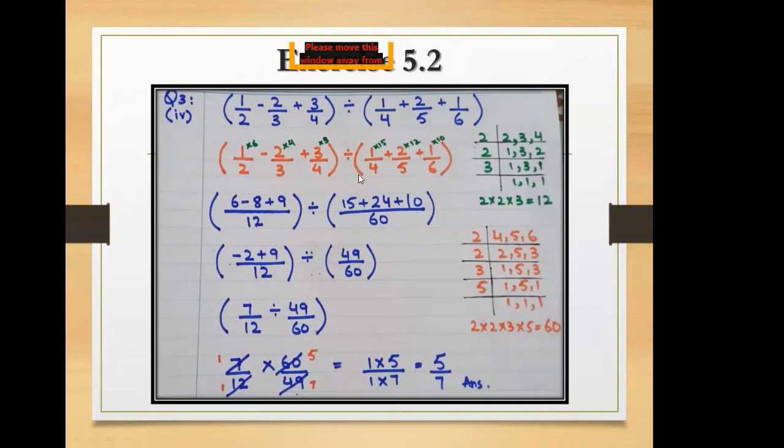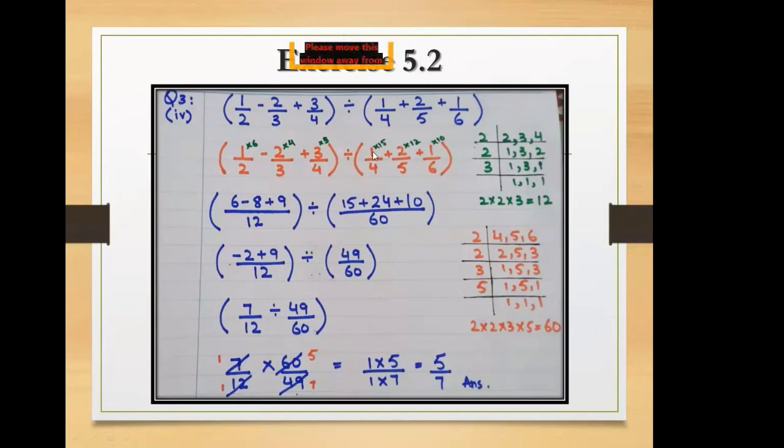You have to check it very properly, and first make the denominator the same. Now 6 multiplied by 1 is 6, minus 2 multiplied by 4 is 8, plus 3 multiplied by 3 is 9.